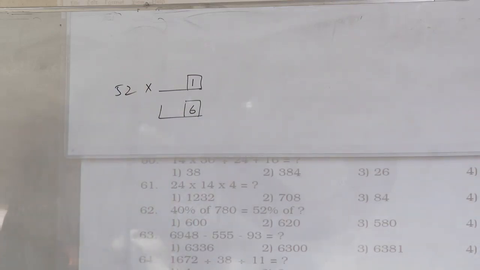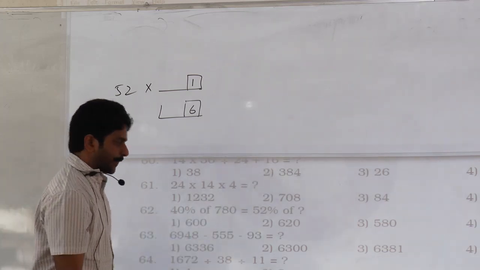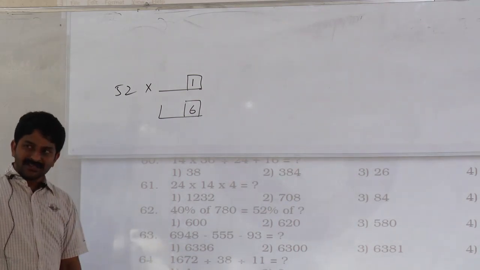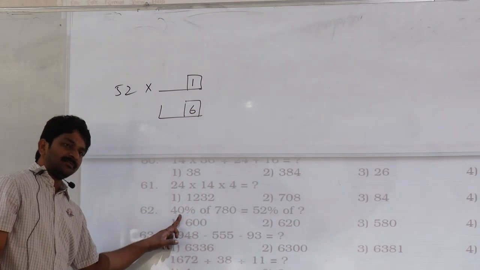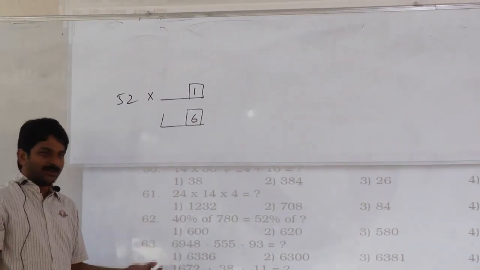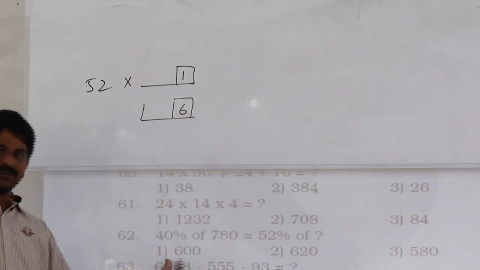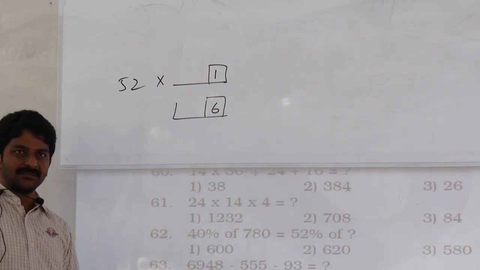How many options are there? First option or fourth option. Yes or no? In left hand side how many zeros we have? Right hand side also you should get 2 zeros. You don't have 0 here. Answer should be this one. Yes?